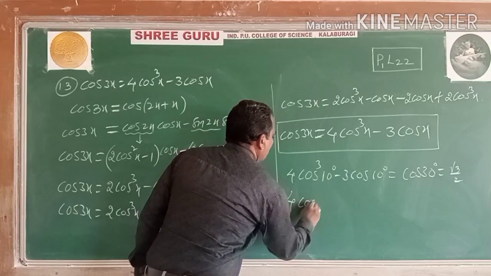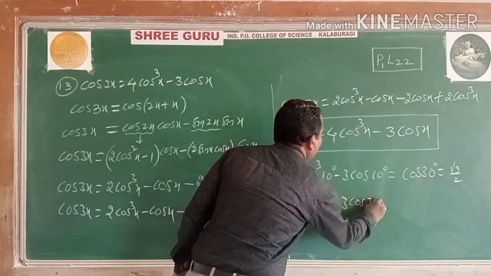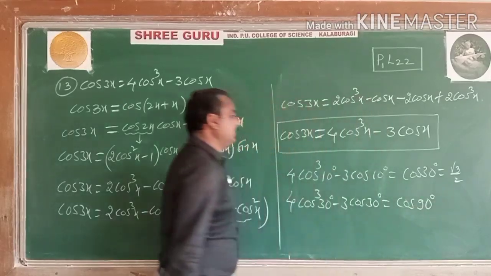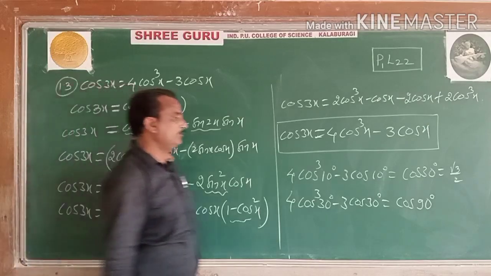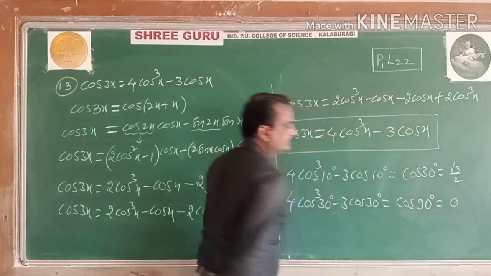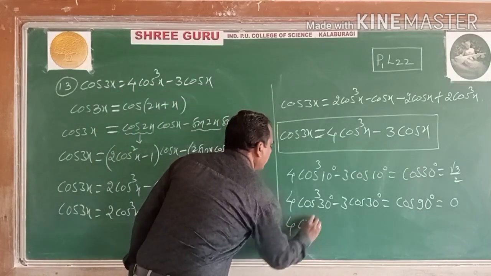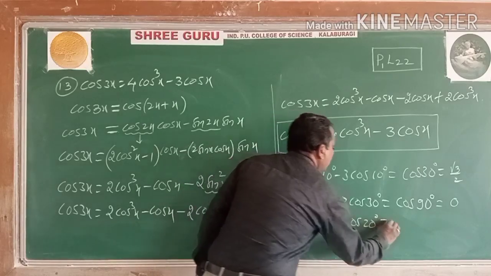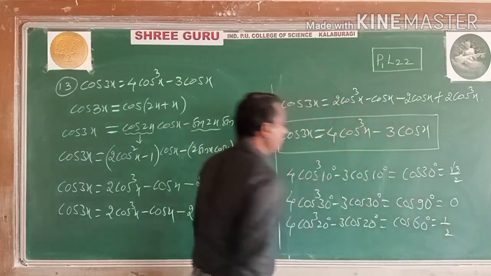Now 4 cos cube 30 degree minus 3 cos 30 degree, is it cos 90 degree? 3 into 30 degree, cos 90. What is cos 90? Then 4 cos cube 20 degree minus 3 cos 20 degree is equal to cos 60 degree.